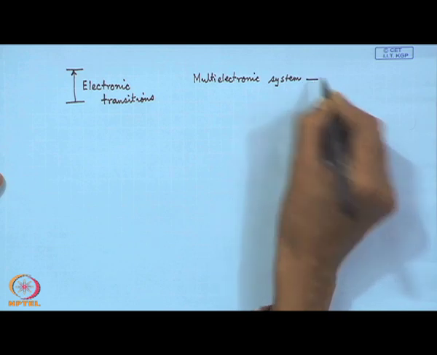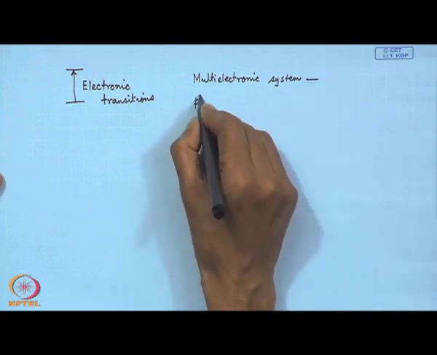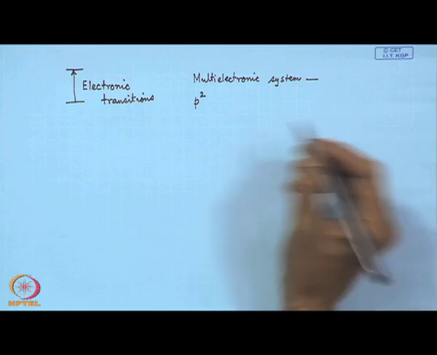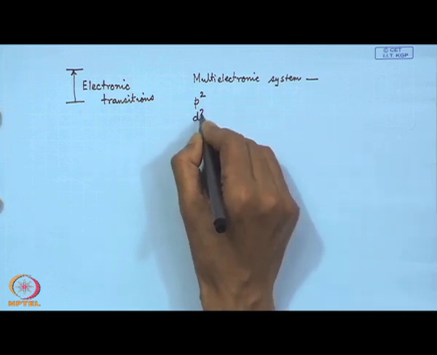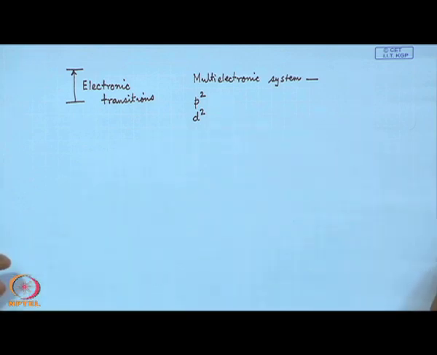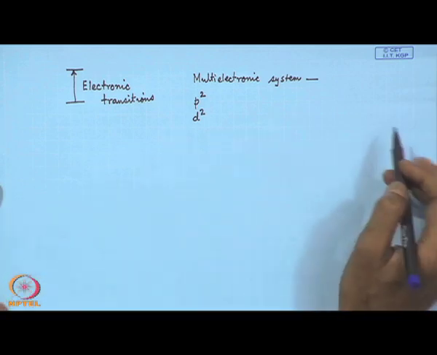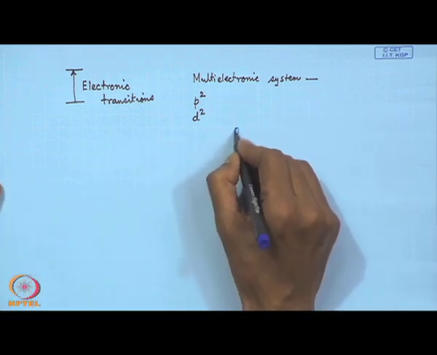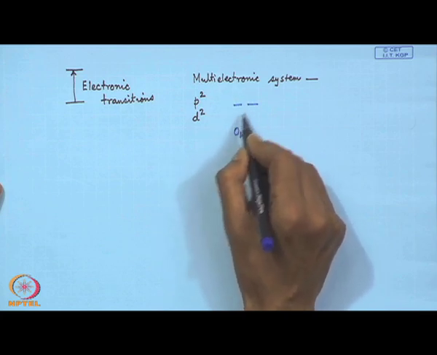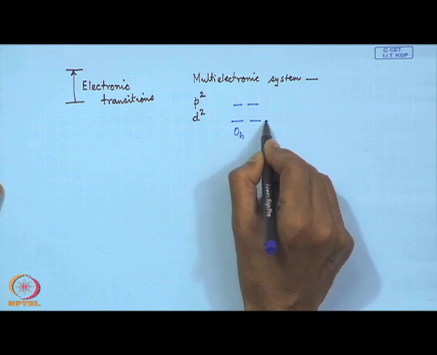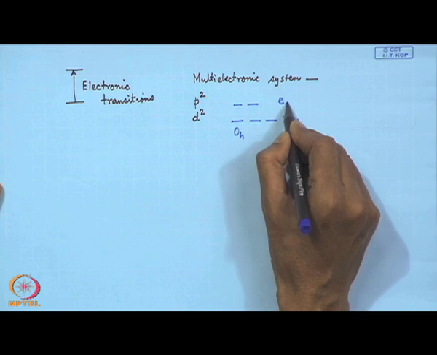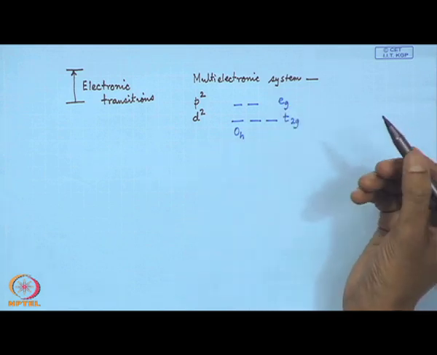we have seen that we have an electronic state where 2 p electrons are present or 2 d electrons are present. And in crystal field terminology, what we were talking about, that in an octahedral crystal field, these 2 electrons can be present either in the T2g level or in the eg level.